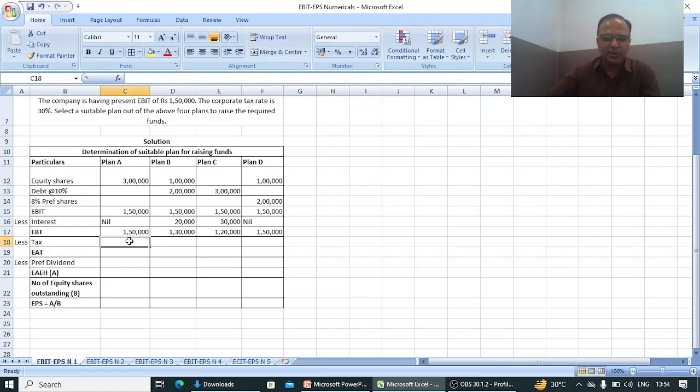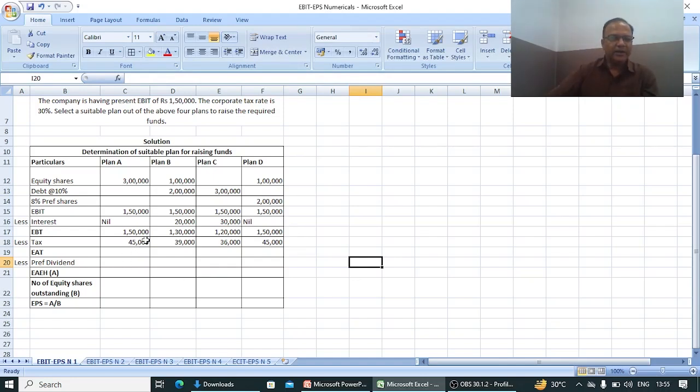Tax is chargeable on the EBT, so tax will be 30% of 1,50,000. It will be 45,000. It will be 39,000. It will be 36,000. It will be 45,000.